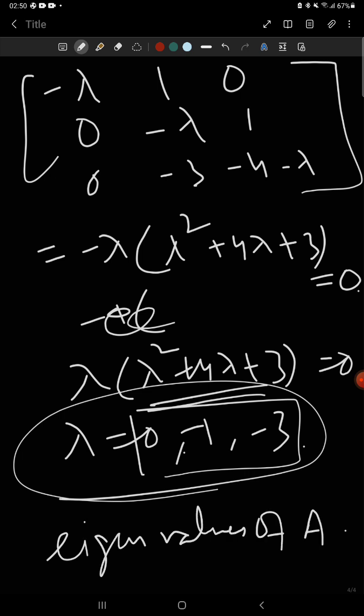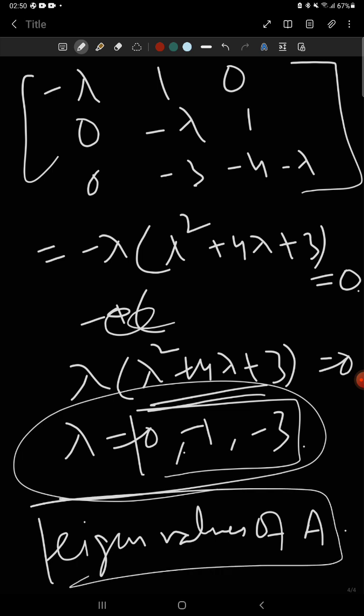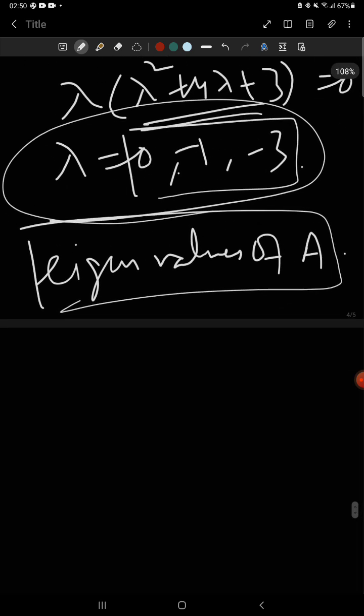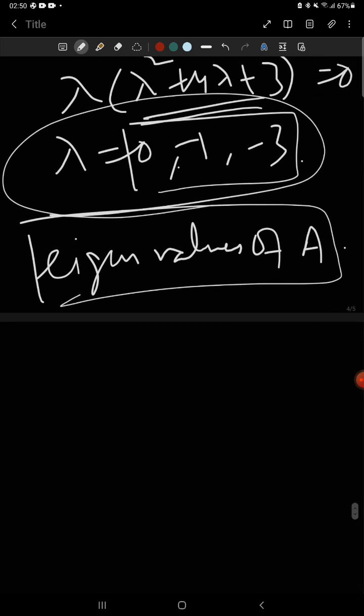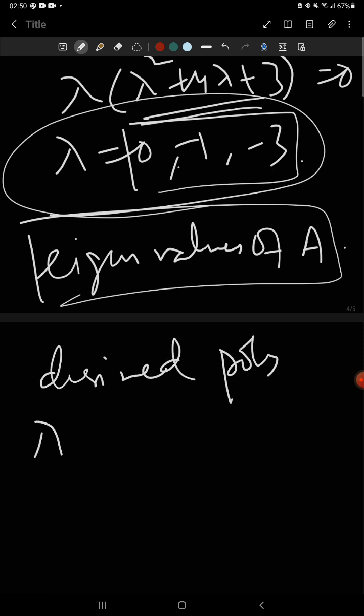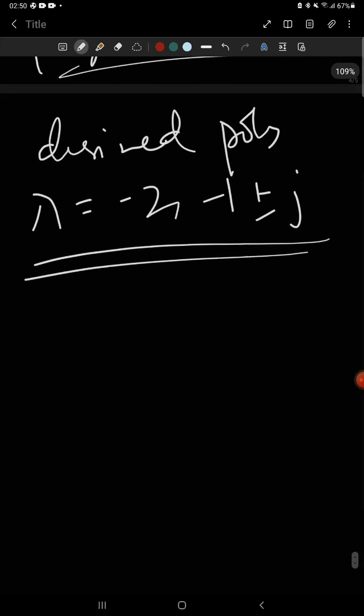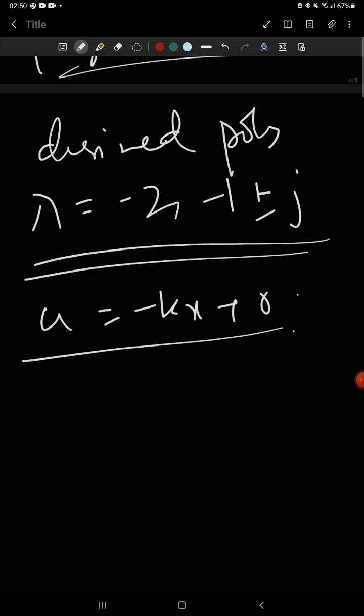Now in the question it said that my desired poles are at lambda equal to minus 2 and minus 1 plus minus j. Now look at one thing. When I used this control law, minus kx plus r, what changed? The equation that I had previously changed.